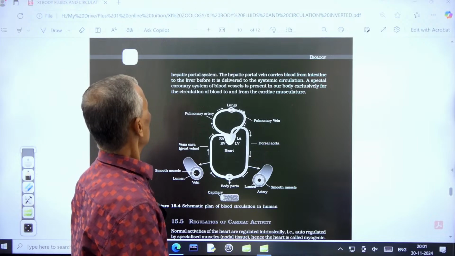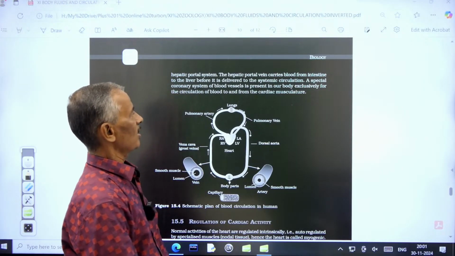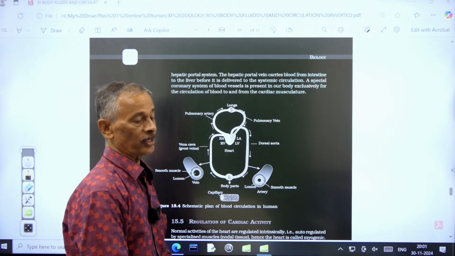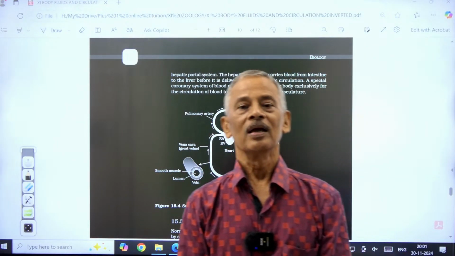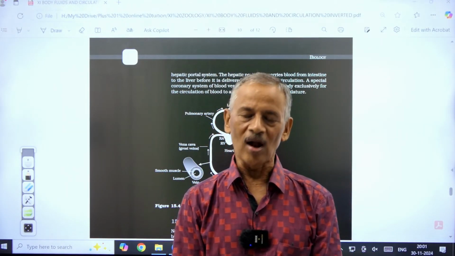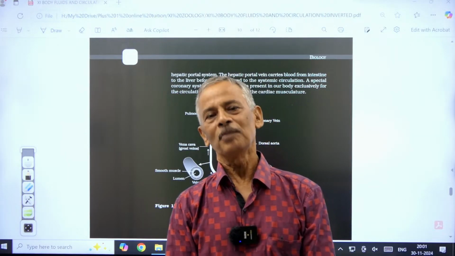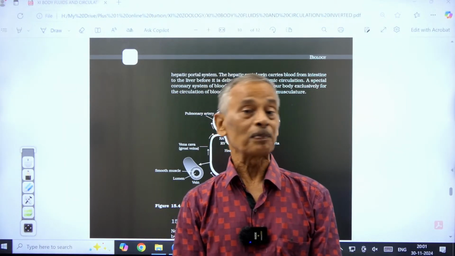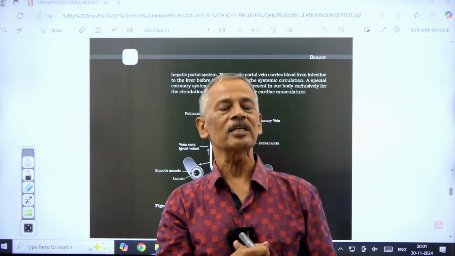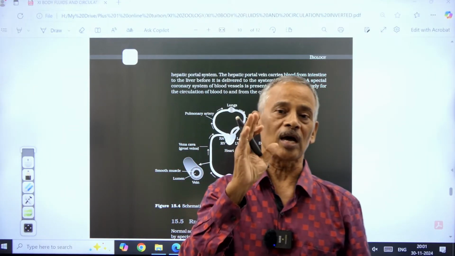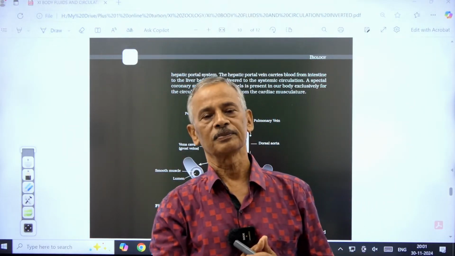A special coronary system of blood vessels is also present. What is coronary? Corona. It is connected with the heart. The heart is an organ, and its walls also require blood. It is supplied by a coronary artery. This coronary artery arises from the aorta before it comes out of the heart.